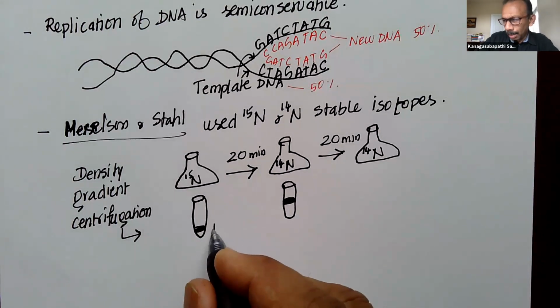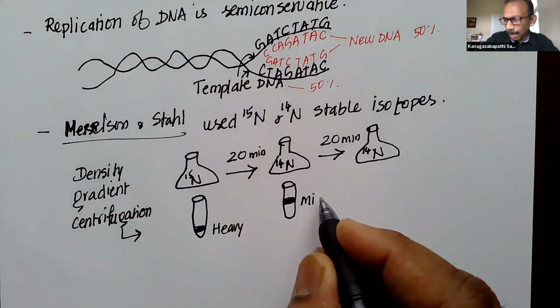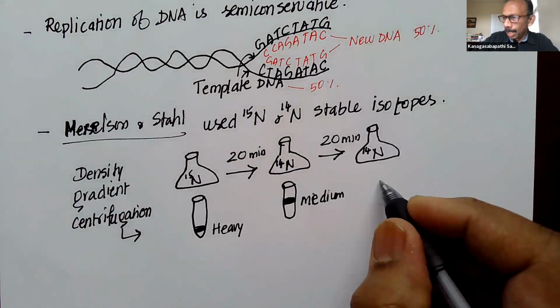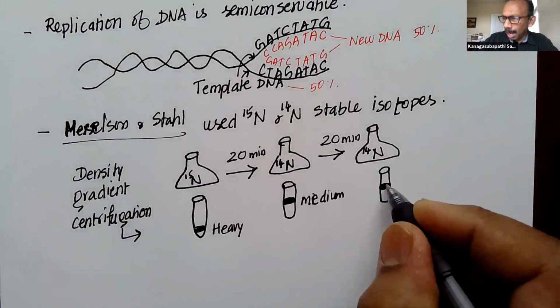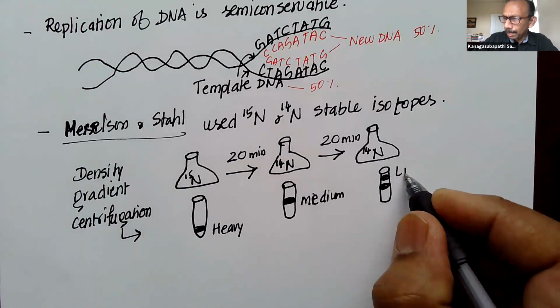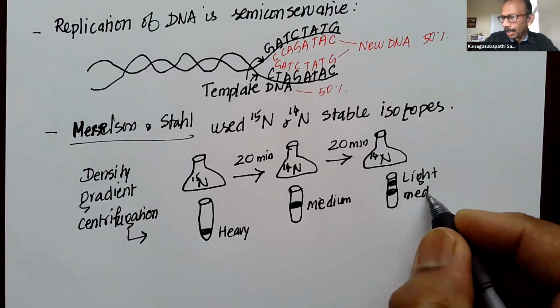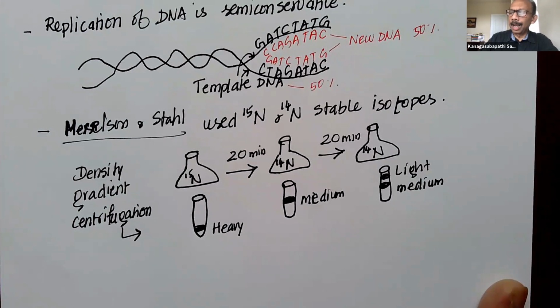So this is a heavy band, and this is a medium size band. And this one had both a medium size band and a light band. Okay. So we need to understand how this is happening.